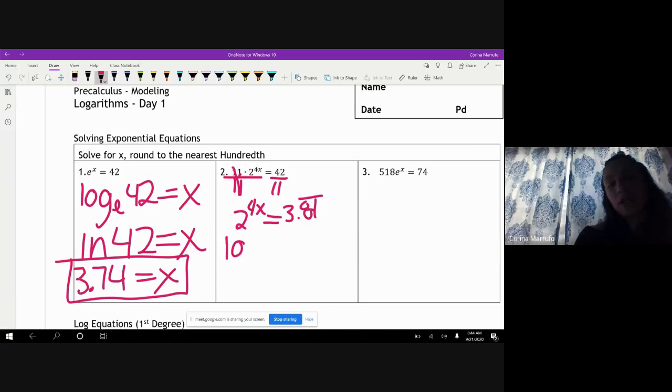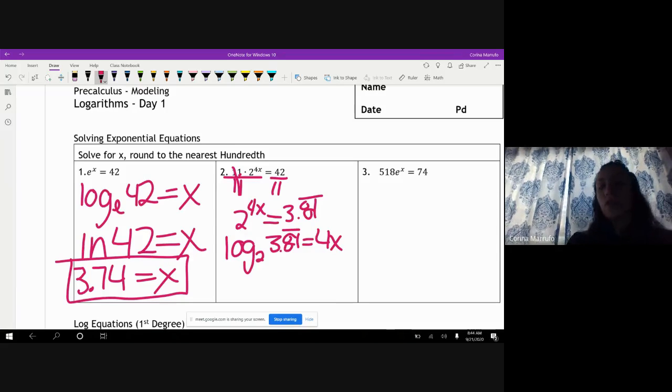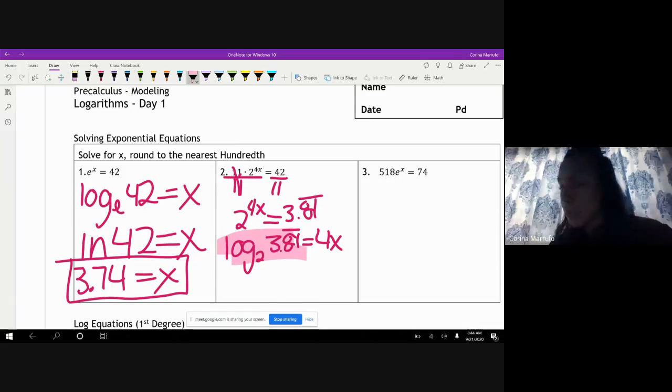So we write it as log, your base is 2, of 3.81 repeated, equals your exponent, so 4x. Then I'm going to put just this part in my calculator. We're going to do log base 2 of 3.81.